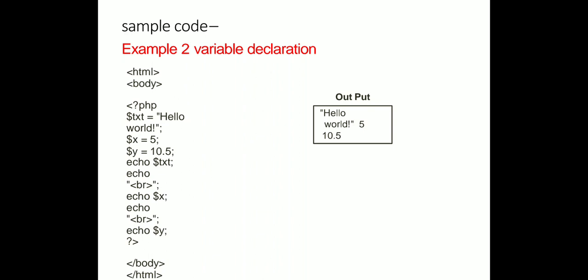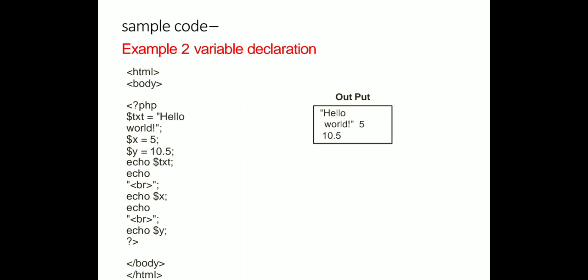The second sample code is for variable declaration. How are variables declared using PHP? We declare a variable with the dollar symbol, and the value is assigned with the equals symbol. Here I have started the code with the HTML and body tags.